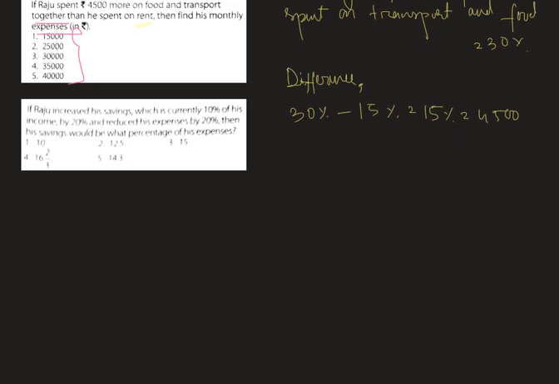And from this it is implied that 4,500 by 15 is equals to 1%, and as we know that in percentage his total month's expenses is 100%.